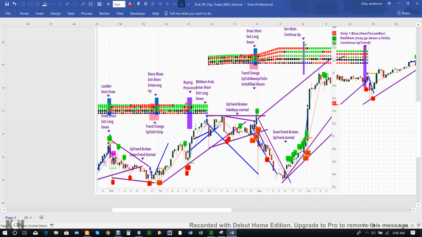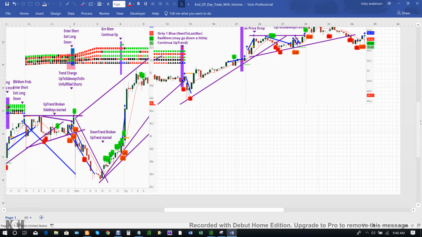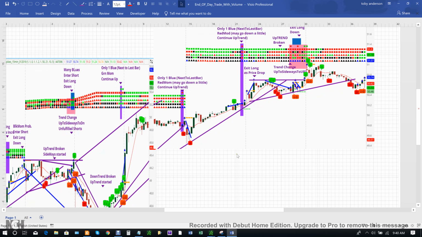If you look at the big picture, it's up, down, up, and then it starts going up. Here's your peak, valley, peak, valley, peak, valley.